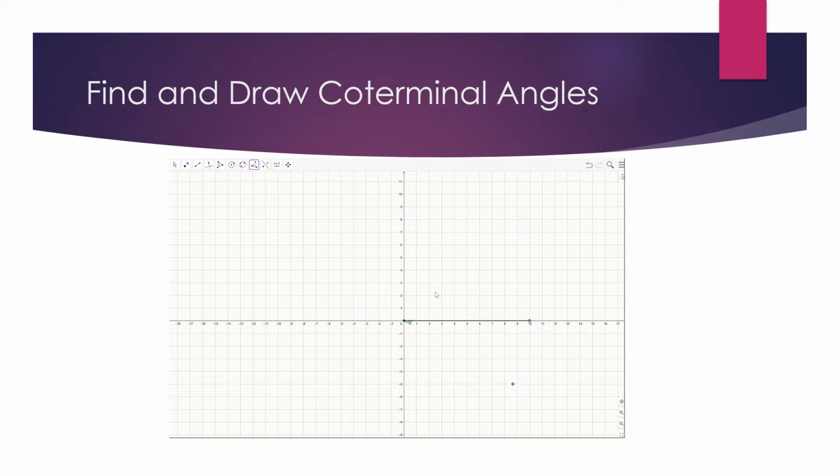And it puts a point down here. And I'm going to go back to my segment tool, and I'm just going to join these 2 points right here. And so Shazam, I've got a negative 30 degree angle lying in the 4th quadrant. Now, I guess just for fun, what if we wanted to see a coterminal angle that was positive?